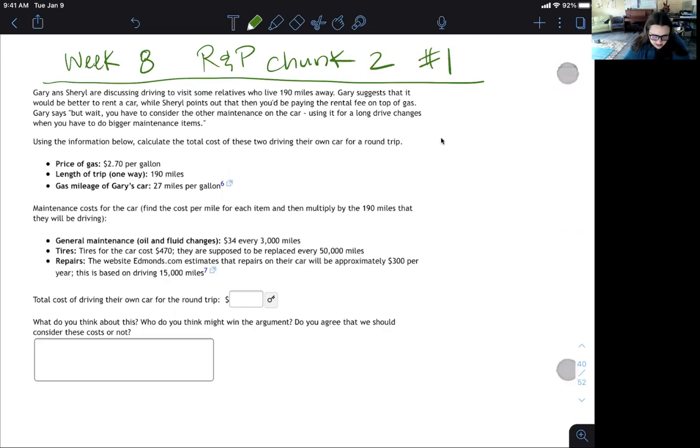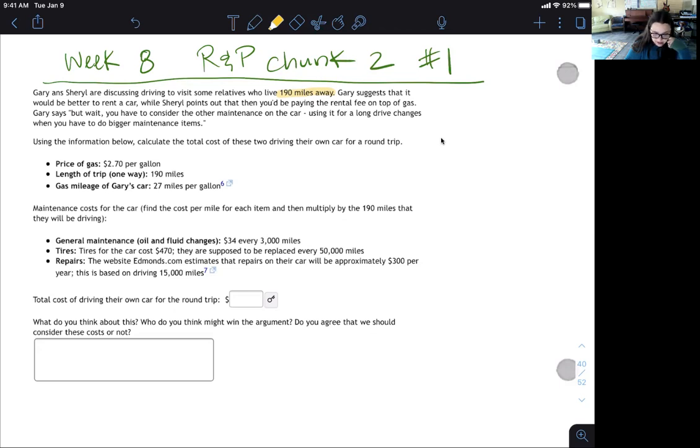It says Gary and Cheryl are discussing driving to visit some relatives who live 190 miles away. Gary suggests that it would be better to rent a car, and Cheryl points out that then you're paying the rental fee on top of gas.